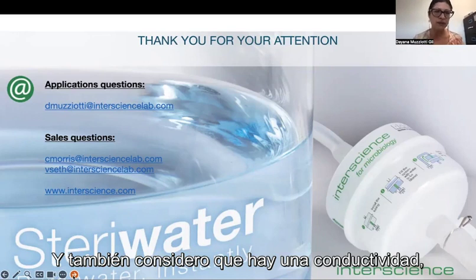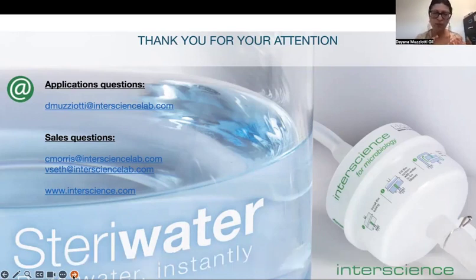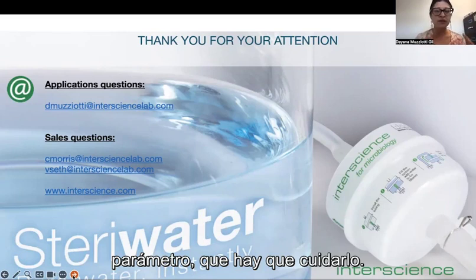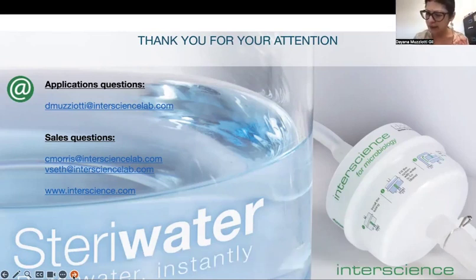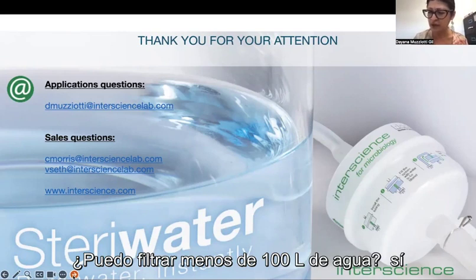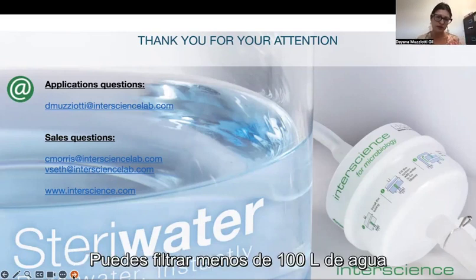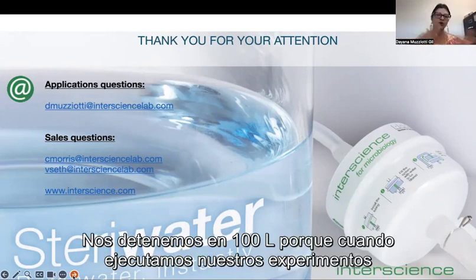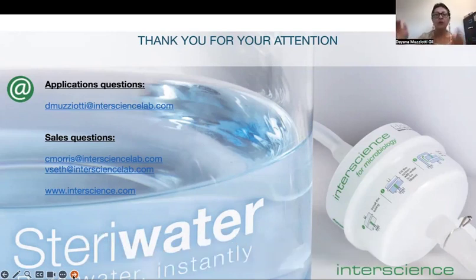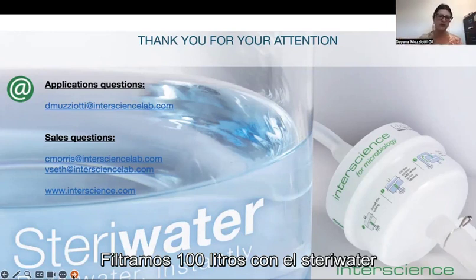Also consider that there is a conductivity parameter that you have to take care of, okay? Can I filter less than 100 liters of water? Yeah, you can filter less than 100 liters of water. We stop at 100 liters because when we run our experiments, we filter 100 liters with the steady water.